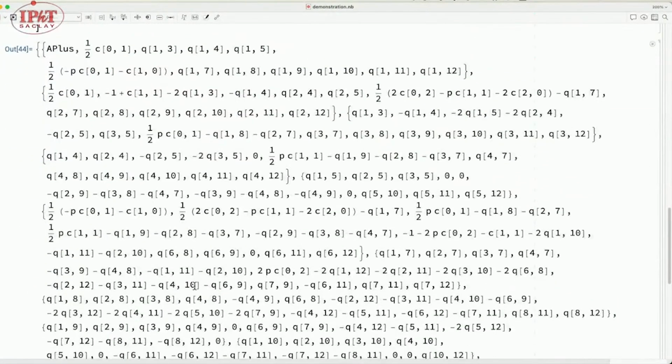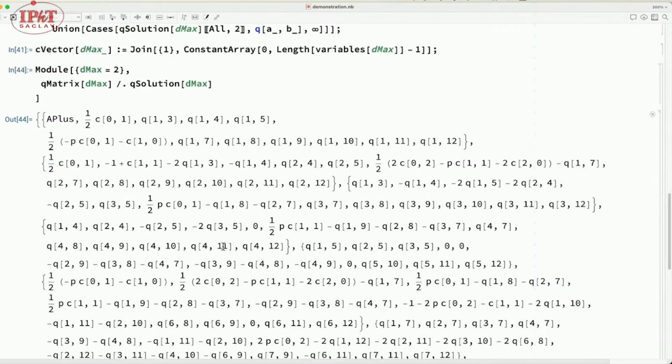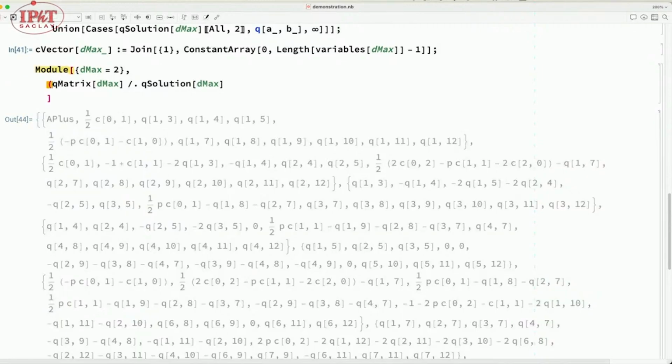Okay, so now we have this matrix that should be positive semidefinite, and we need to write this as a linear combination of the variables that we are trying to solve for. It's a linear function, an affine function of these variables.